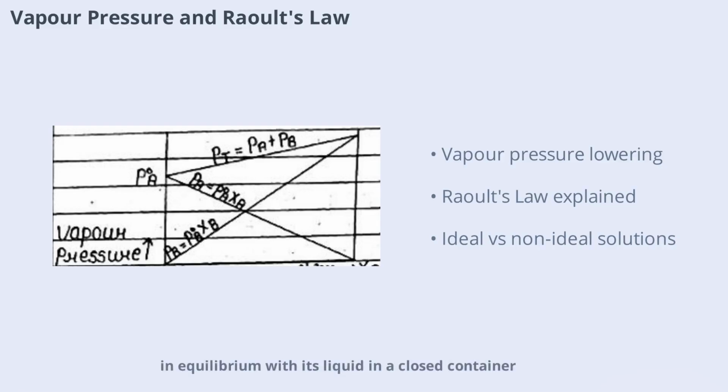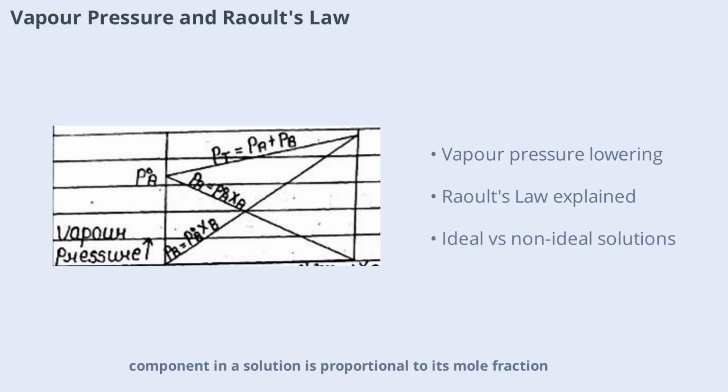When a non-volatile solute is added to a solvent, the vapor pressure of the solution drops compared to the pure solvent. This phenomenon is explained by Raoult's law, which states that the partial vapor pressure of each component in a solution is proportional to its mole fraction.